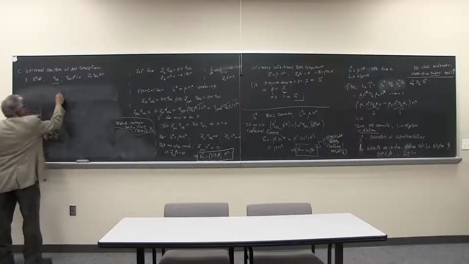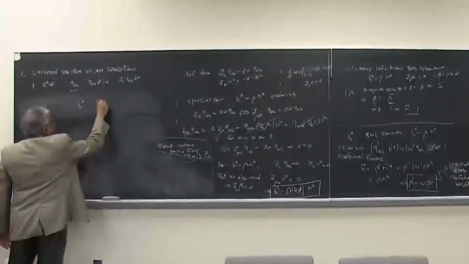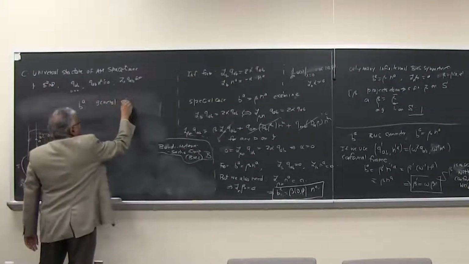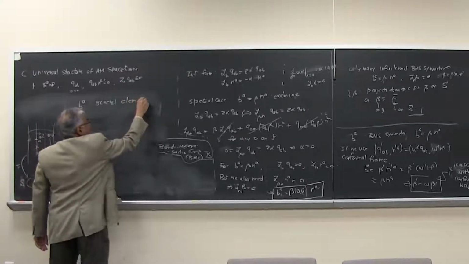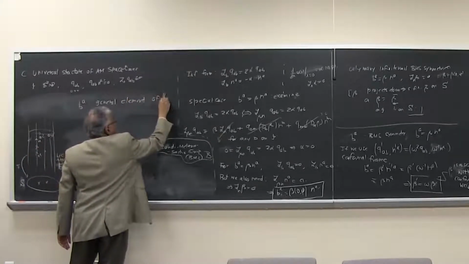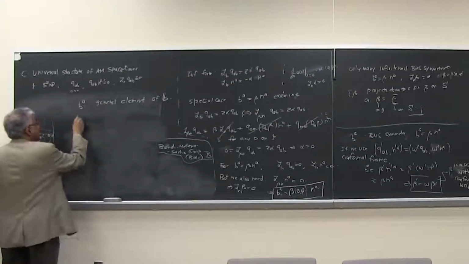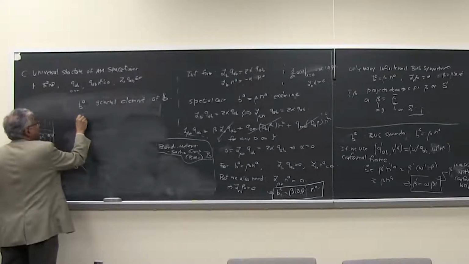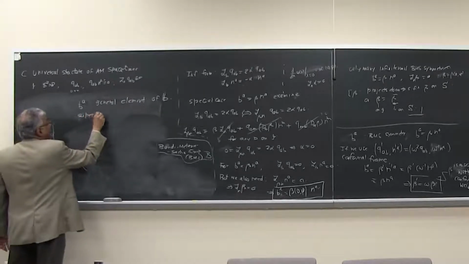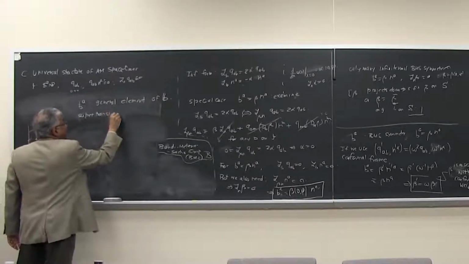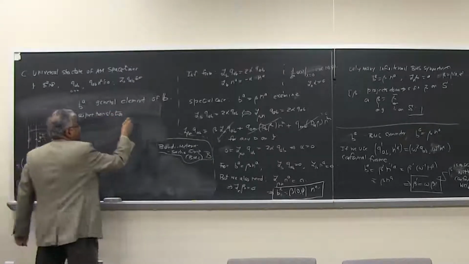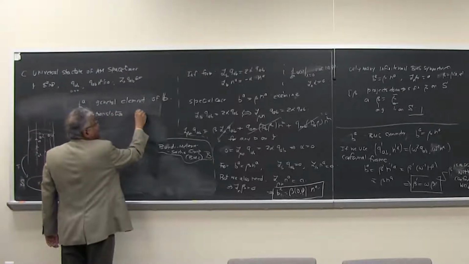So let us suppose that B is a general element of the BMS Lie algebra, and that I consider a super translation, beta times NA.